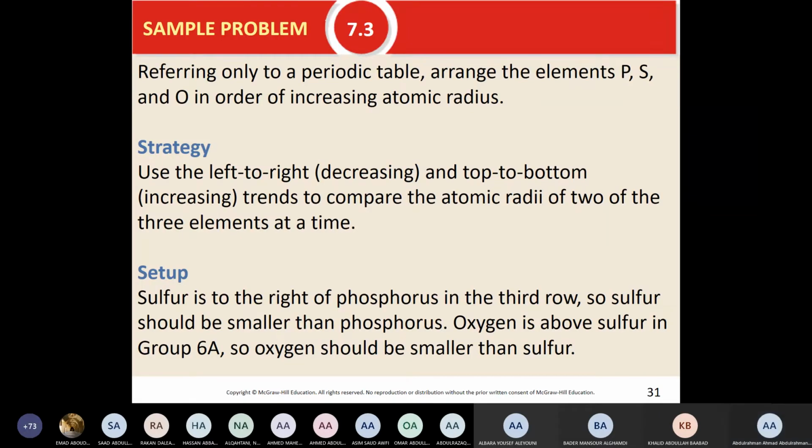Good. Now, referring to the properties of the periodic table, which element is bigger, P, S, or O? Which is the biggest and which is the smallest? Smallest is O. Okay, O is the smallest.